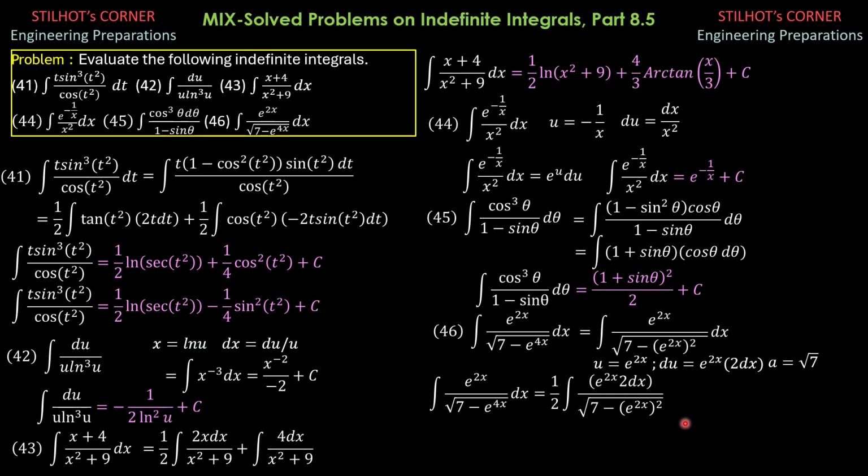So the answer is 1 half arcsine of e to the 2x over square root of 7 plus c. So that's it for this video.